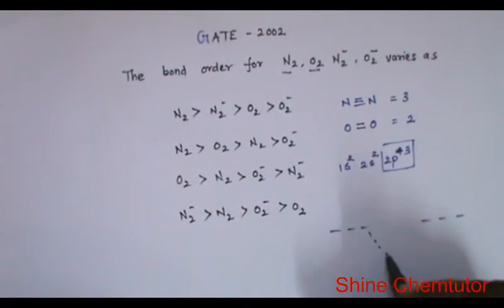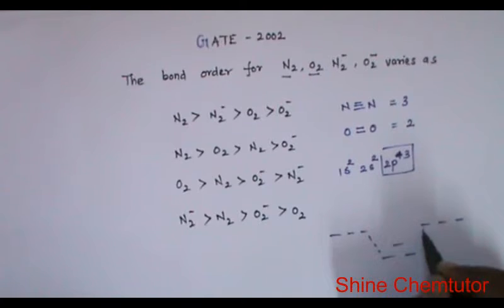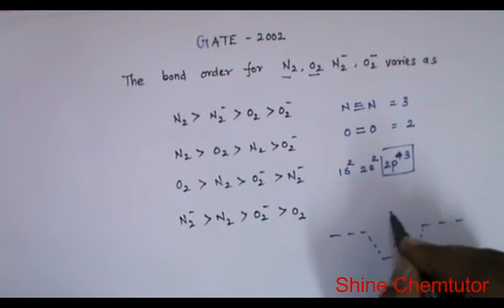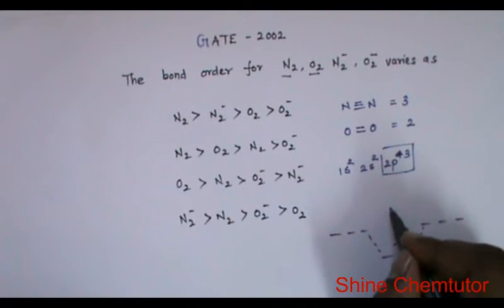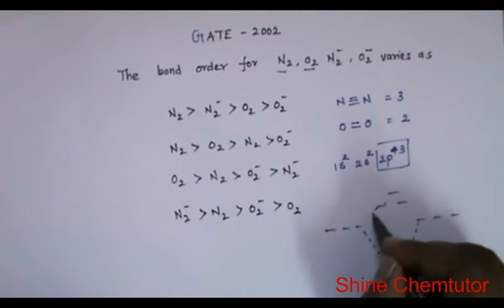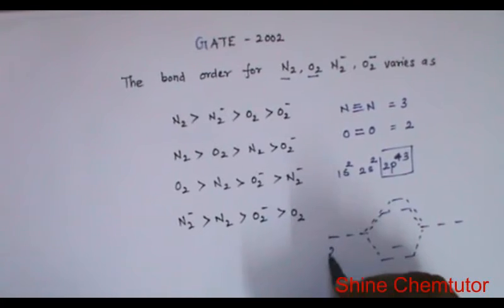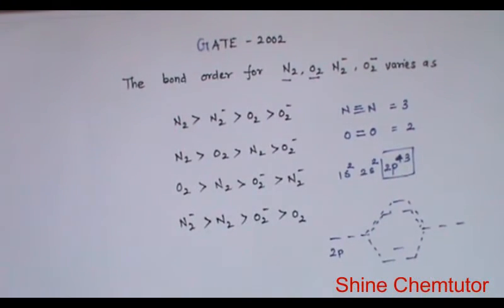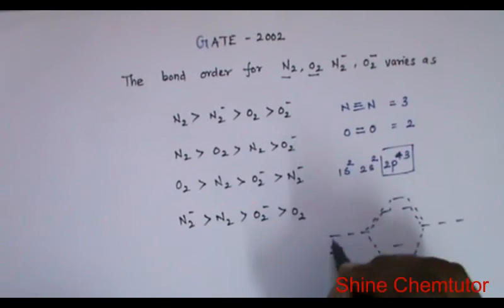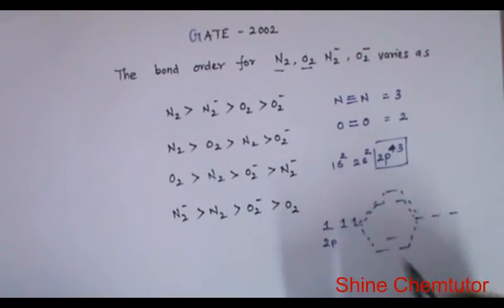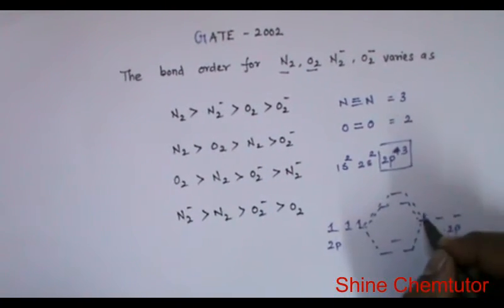So here this will be 2p. Now we can see there are 3 electrons in this case. Similarly 3 electrons here.